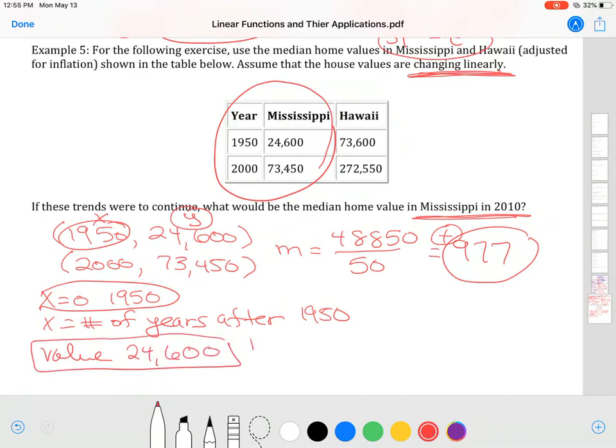That's going to be my initial value, my b. So I'm going to have the equation y is equal to 977x plus 24,600.